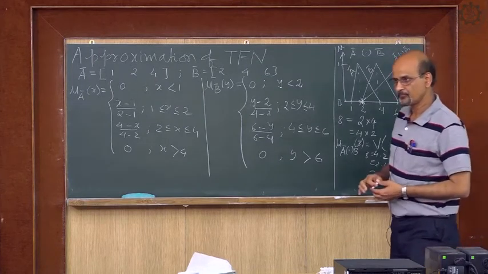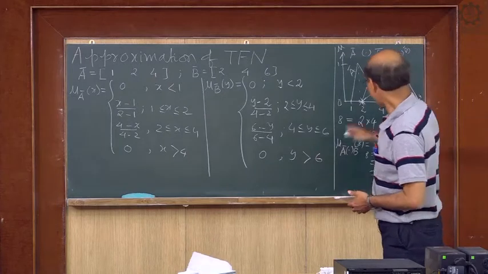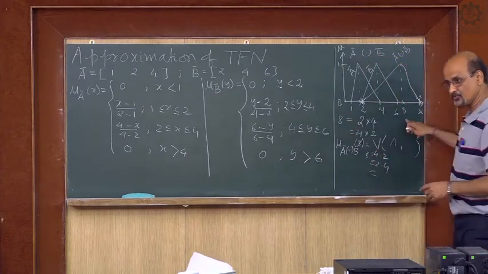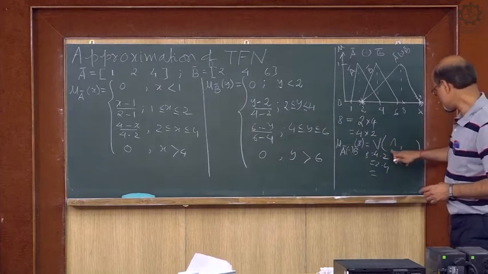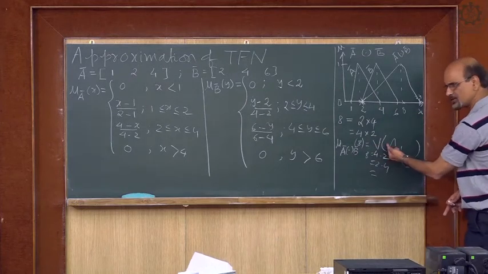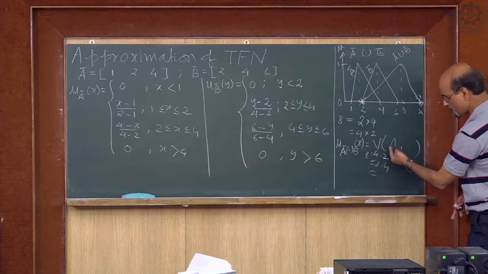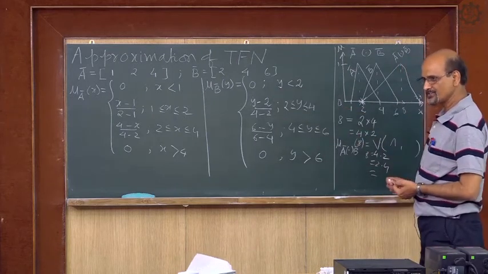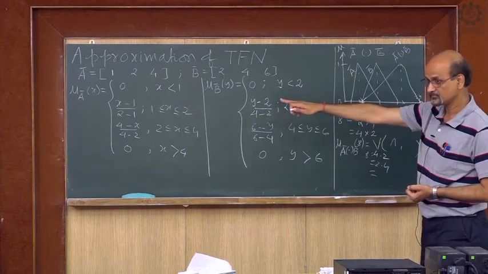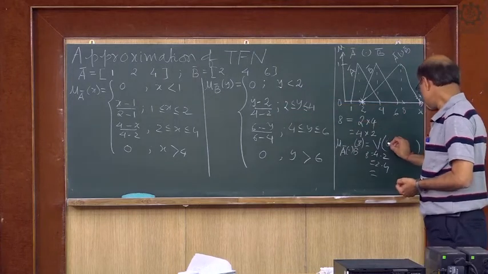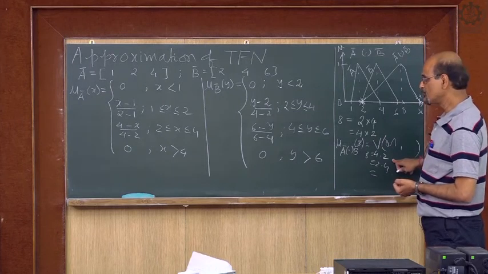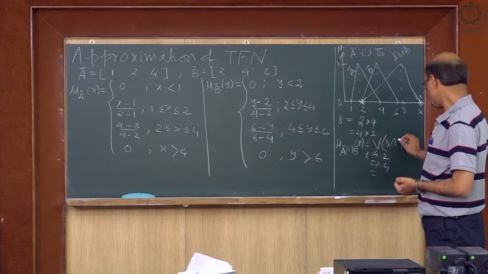Why will it be 1 at 8? You have to check. I have computed, so that is why I know. At 8 you compute that, you will get mu a bar 4. What is mu a bar 4? From a, 0. Then mu b bar 2 is what? 0.